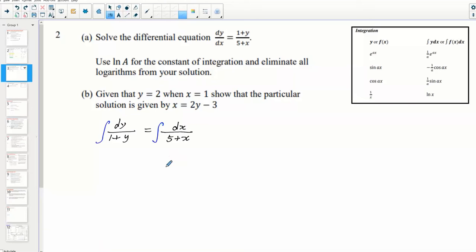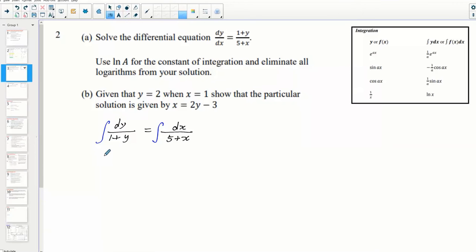Now next is to integrate both sides. Now again, this is a 1 over x scenario, or 1 over something plus the variable, and it's going to give you a similar answer.